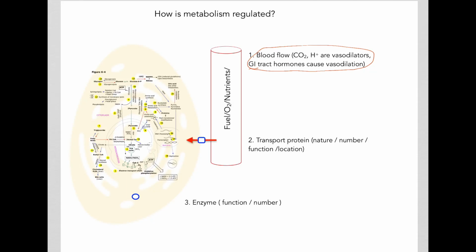Since metabolism requires the transport of various substrates, intermediates, and/or products across membranes, another way to regulate metabolism is by regulating transport proteins.